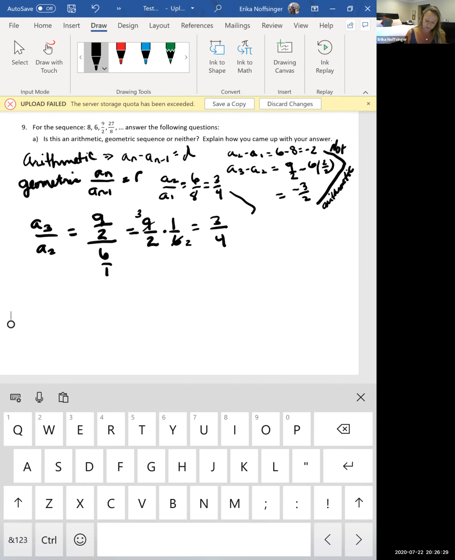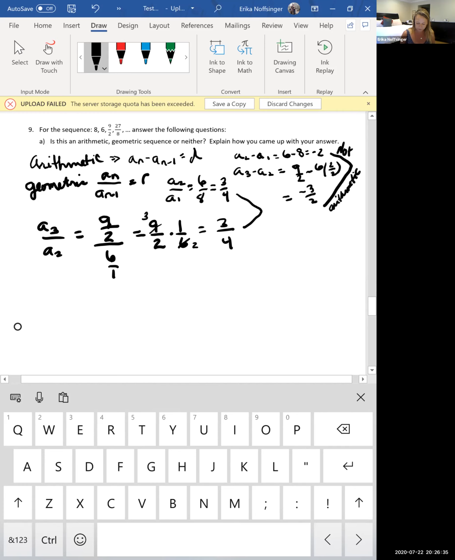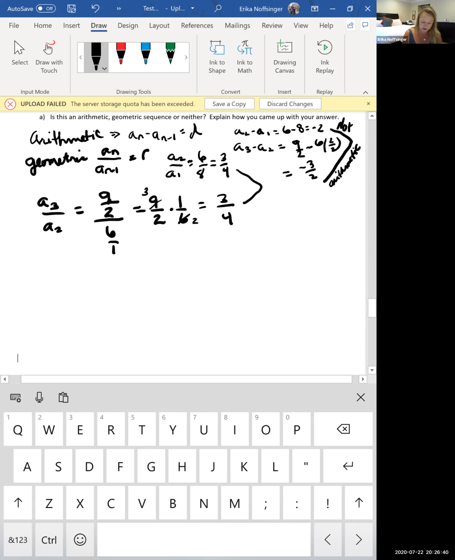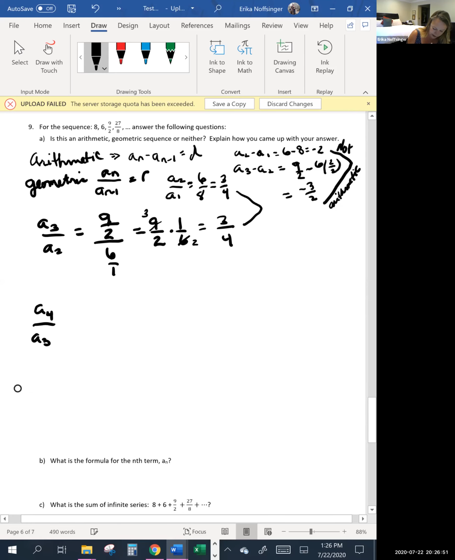These are the same, but let's do it for the next term too, because it's possible that it happens for a couple of them, but not all the time. So let's look at a sub 4 divided by a sub 3. Our a sub 4 term is 27/8, divided by our a sub 3 term, which is 9/2.